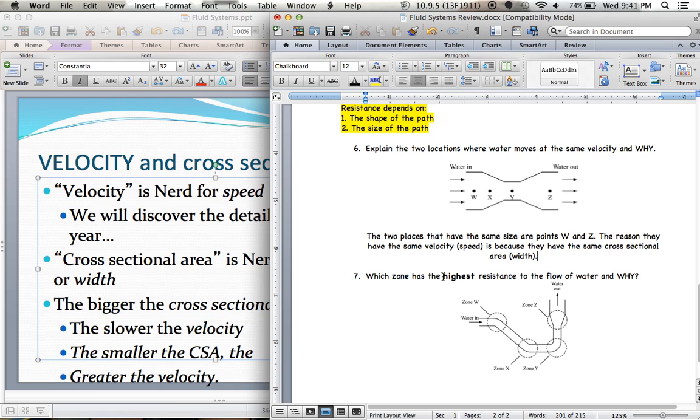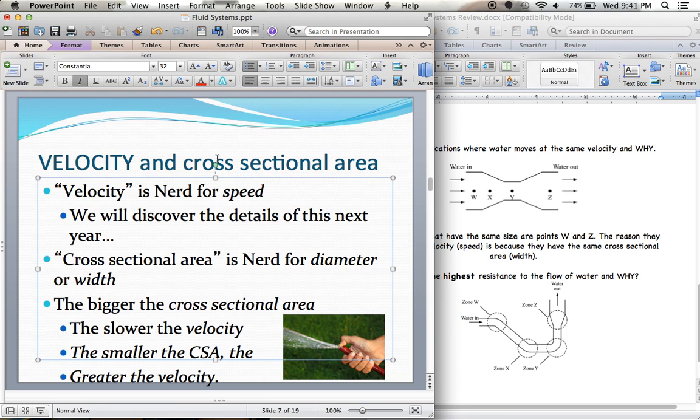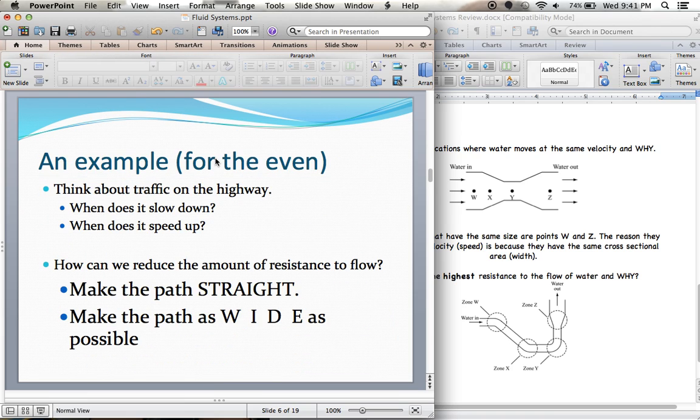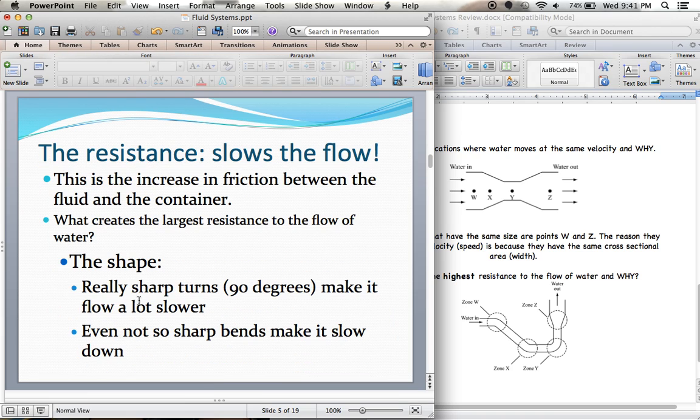Here, we are looking at which zone, W, X, Y, or Z, has the highest resistance. Because it's a question I'm asking you, I always want to know why. That said, let's go back up here to our ideas. The resistance depends on the shape of the path. We're going to need to go up a couple of slides. The shape, really sharp turns make it flow a lot slower.